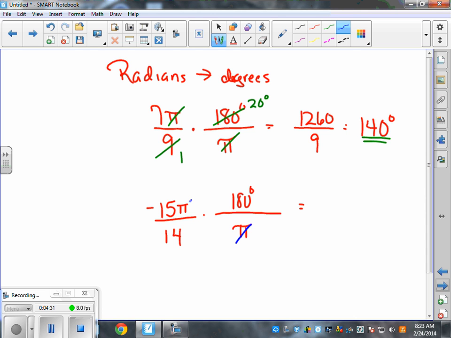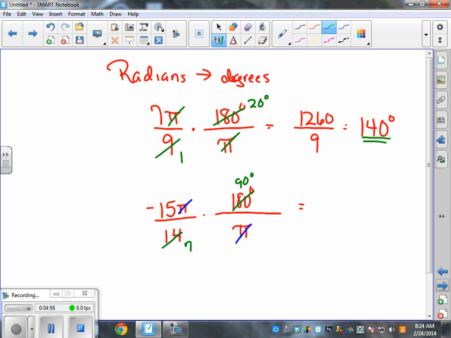The pi's cancel. Again, I could do 15 times 180, or I could see if something will divide into 180 and 14, which is going to for sure be a 2. So let's take a 2 out of these. That's going to be a 7. 2 is going to go into 180 90 times.